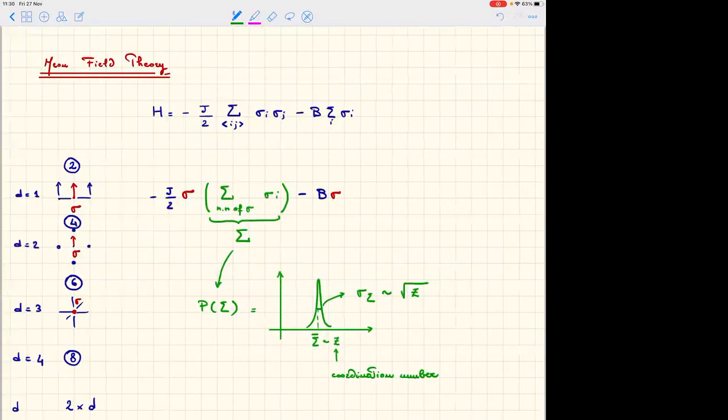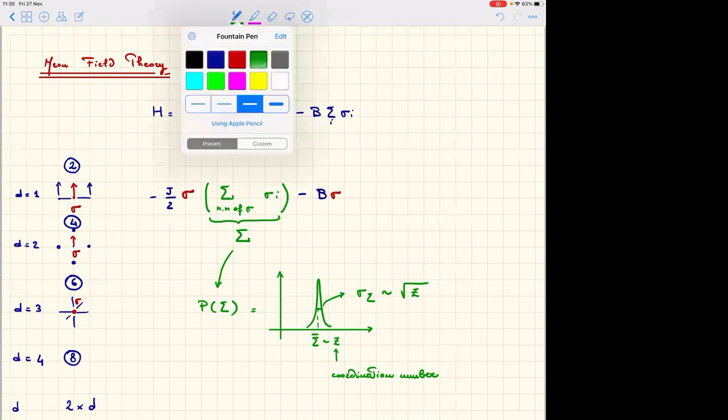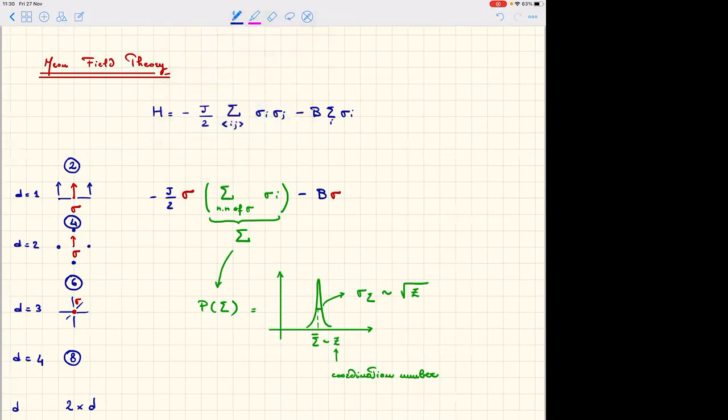Well, first of all, if we apply this logic, then it's clear that instead of this sum here, we can just substitute the average, right? And the average, sigma bar, is going to be roughly z times the expectation value of the magnetization on each lattice site.